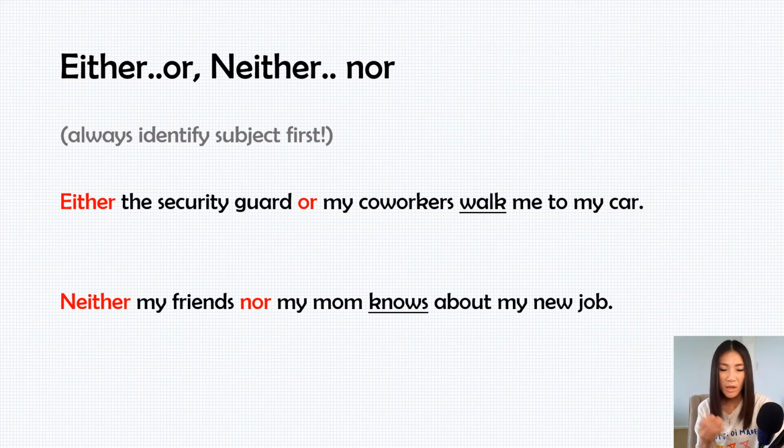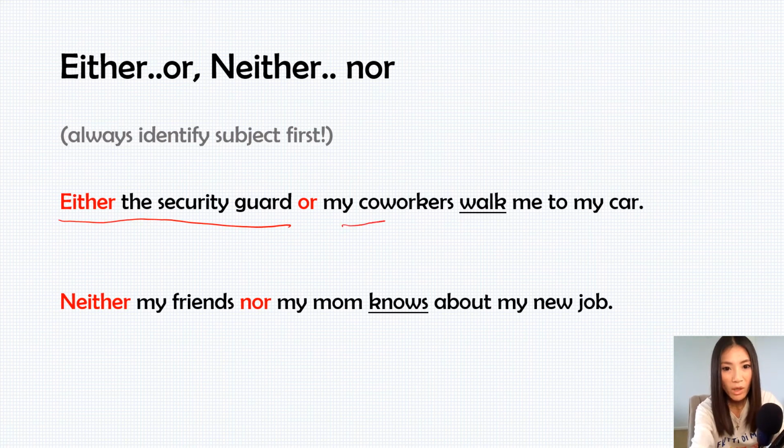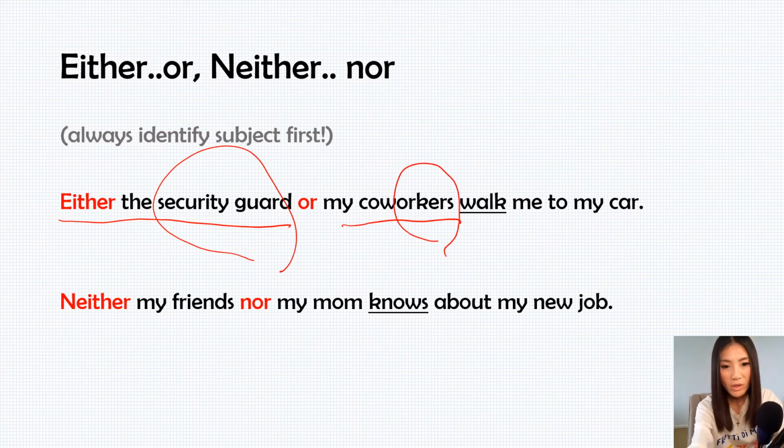So what we just talked about with the word or, the same rule applies for either or, neither nor. For example, either the security guard or my coworkers walk me to my car. So it's not both, it's one of them, right? So either the security guard or coworkers, one is singular, one is plural.